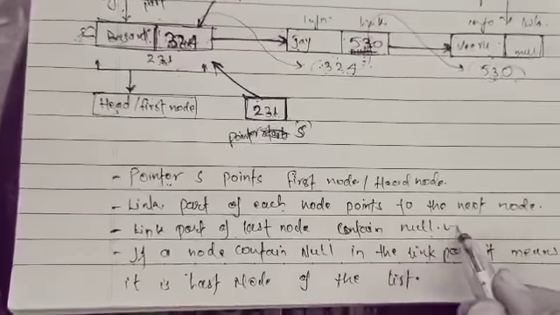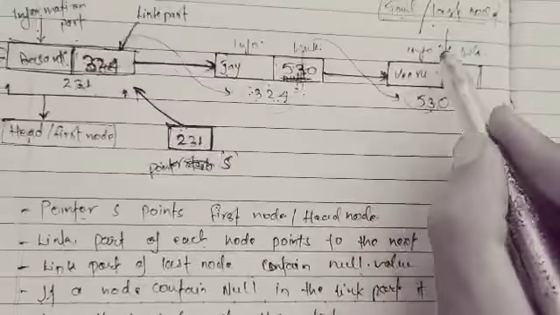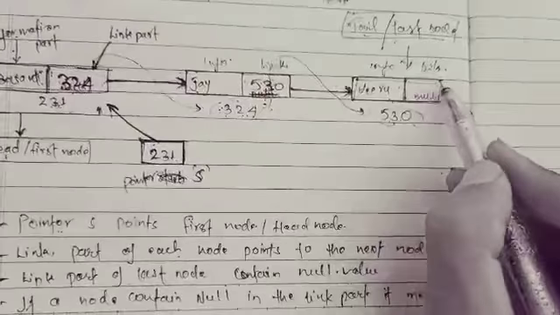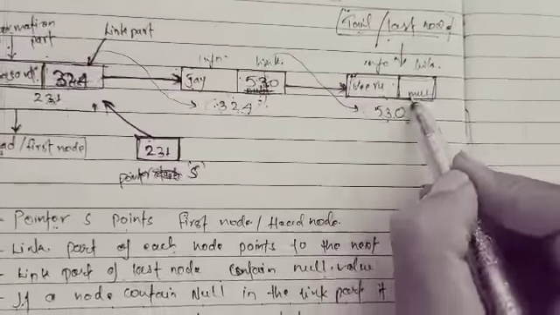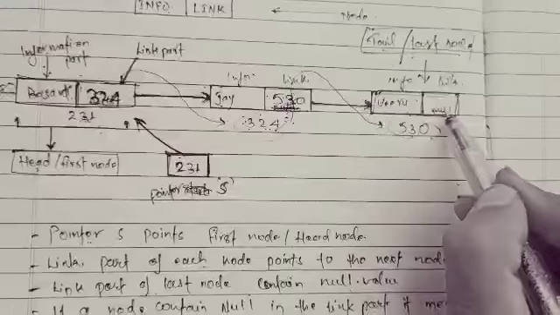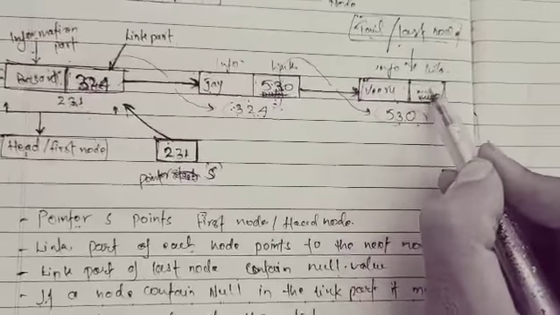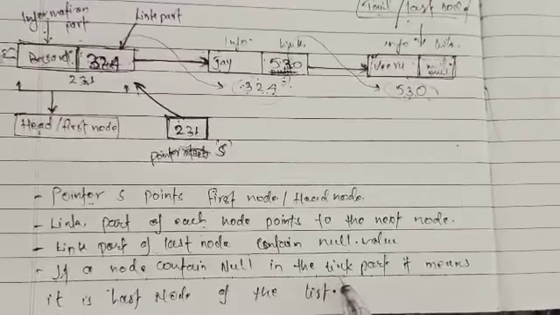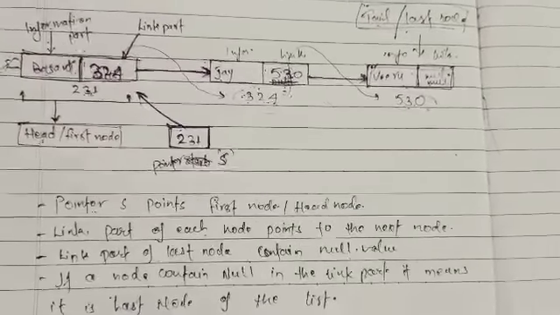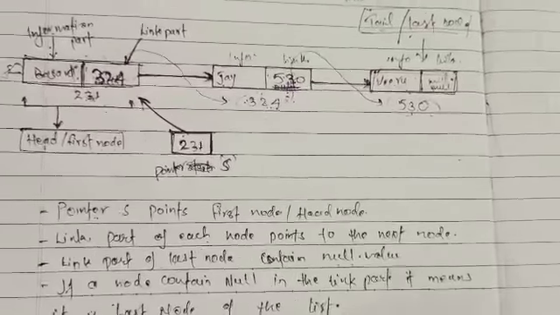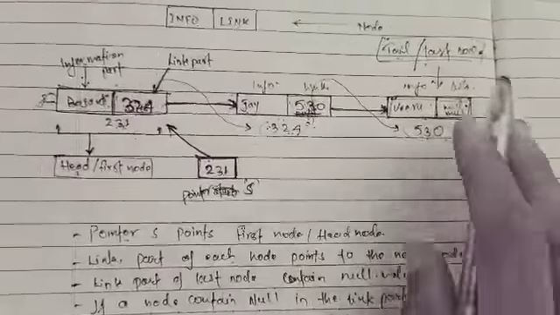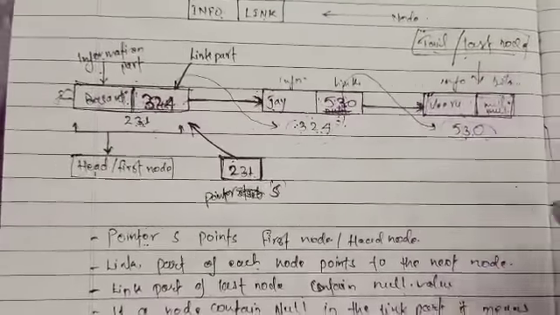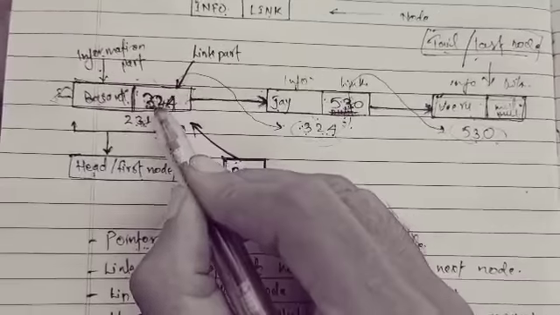And the link part of the last node contains a null value. Here we write null; the last node is here, and the link part contains a null value. If a node contains null in the link part, it means it is the last node of the list. Here is the whole list. It is a linked list.